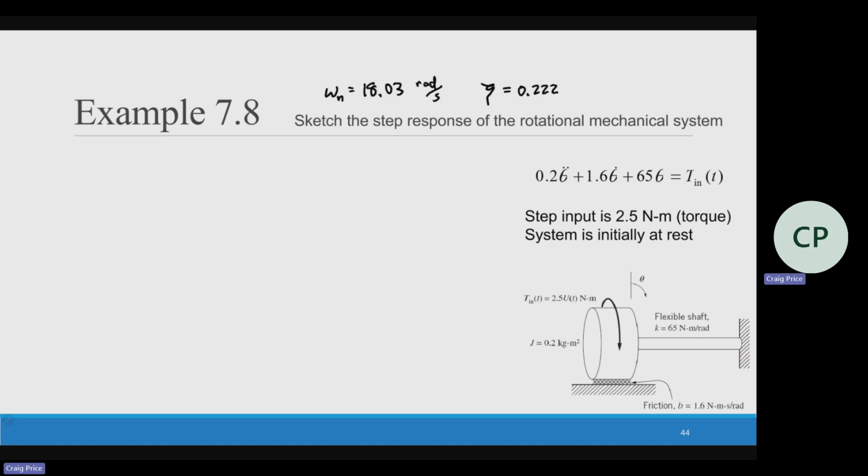The first thing I have is maximum overshoot, which is equal to e to the negative zeta pi over the square root of 1 minus zeta squared. So we take e to this power. We're going to plug in zeta, which is 0.222, into this equation.